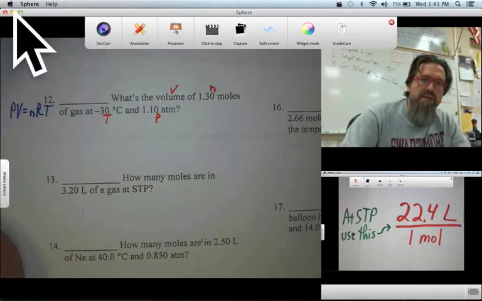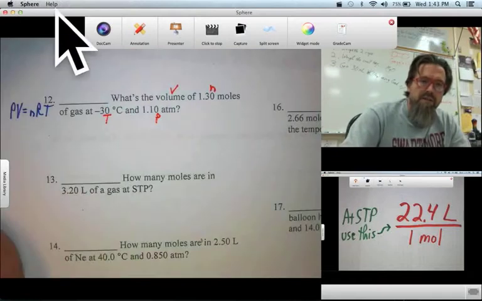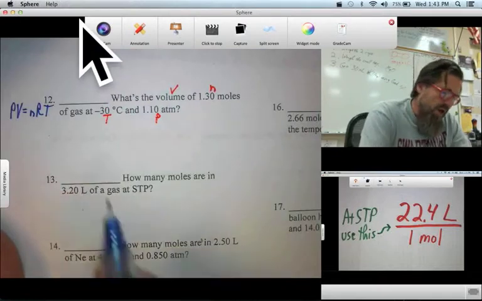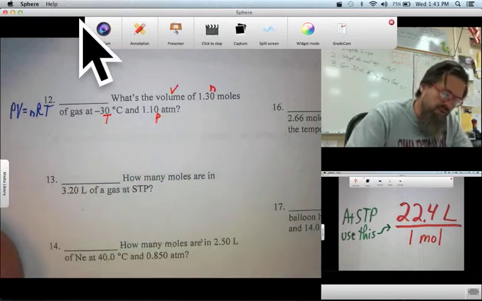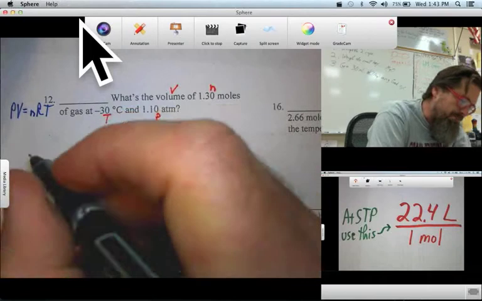And let's see. We want to solve for V. Much easier to do algebra on variables.